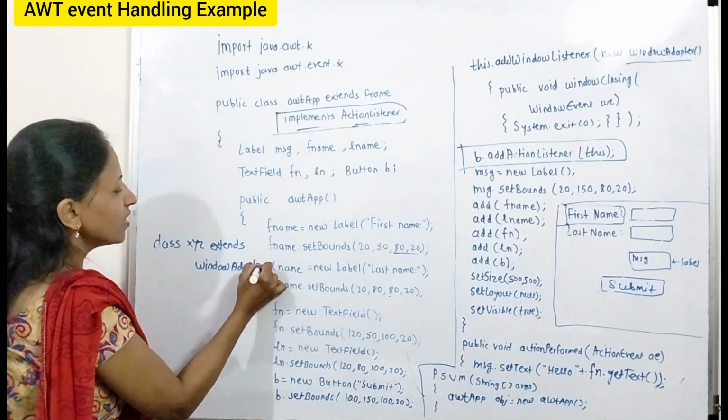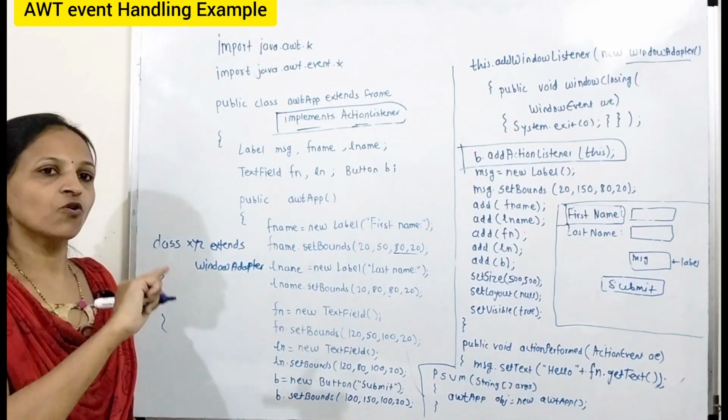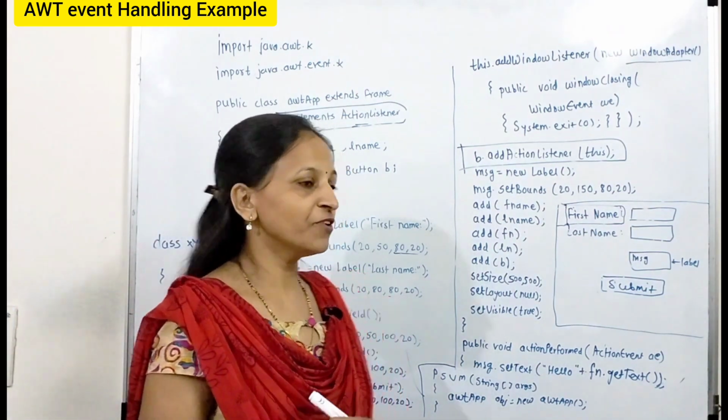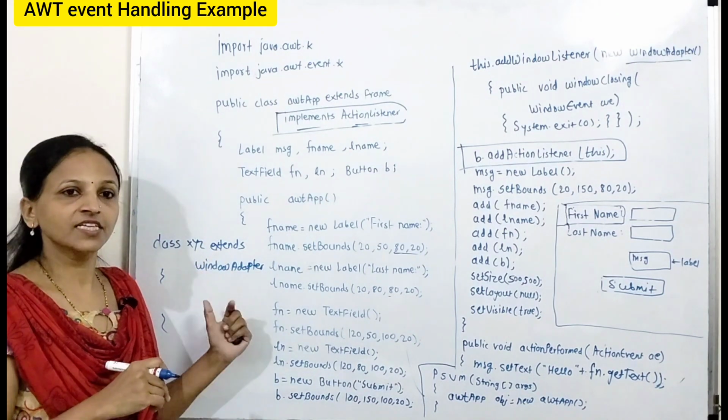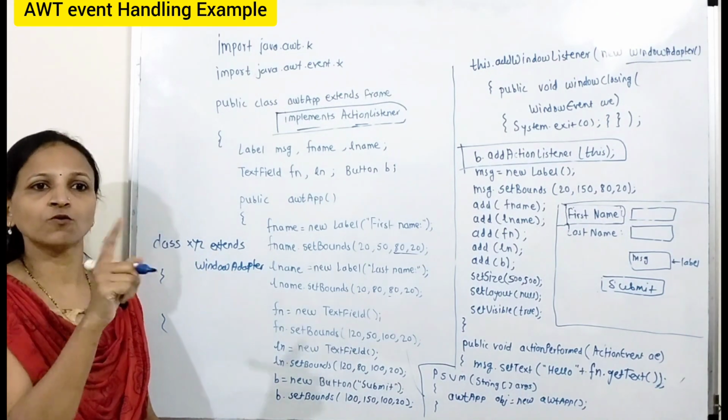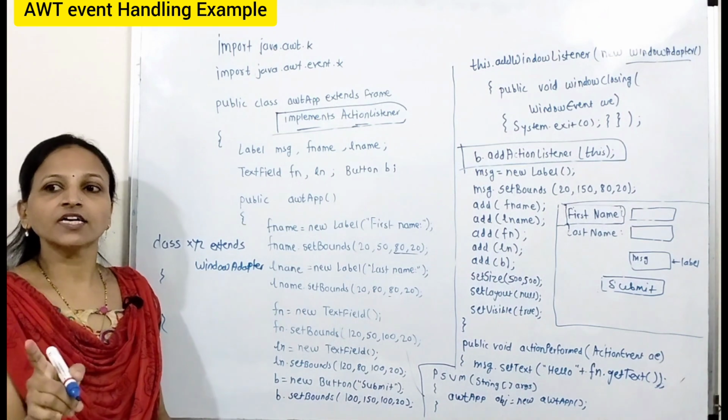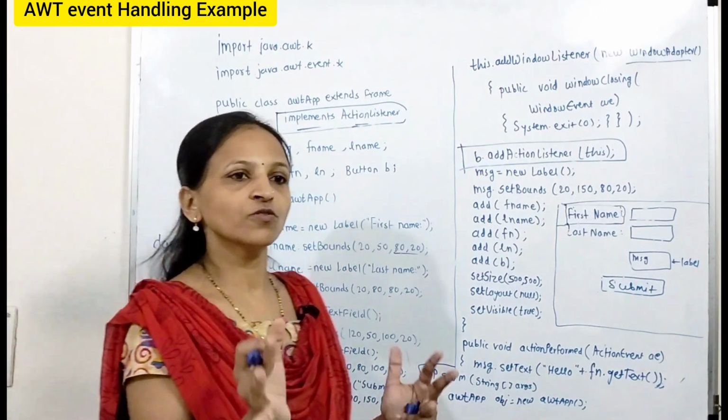Getting? Now internally it is having all the methods defined. Now we are extending that class, then here there is no compulsion that you have to write all the methods. Here you can write only the methods that you want to execute.